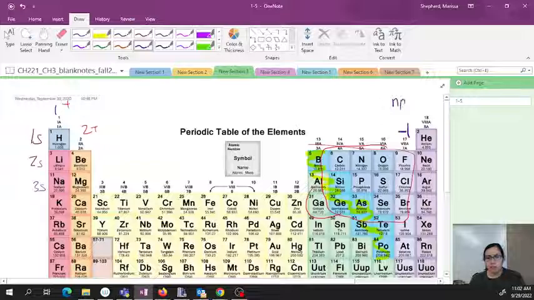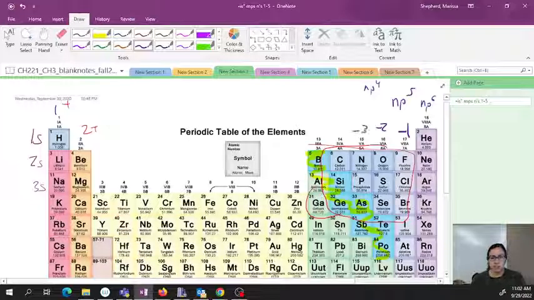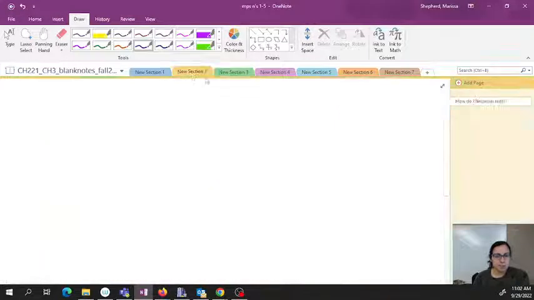They all have an np5, so they're 1 away from that np6 full, complete, happy electron configuration, so they tend to gain 1 electron. Same with oxygen, they all follow an np4 pattern, so -2 oxidation state. And then nitrogen, -3, np3, but that's where it can gain or lose electrons potentially.